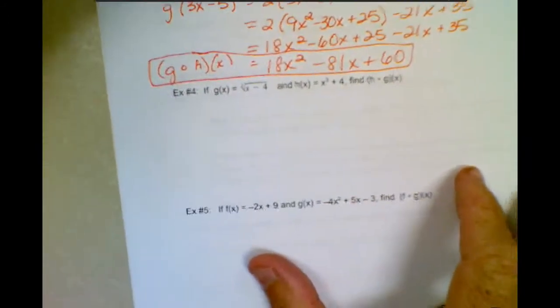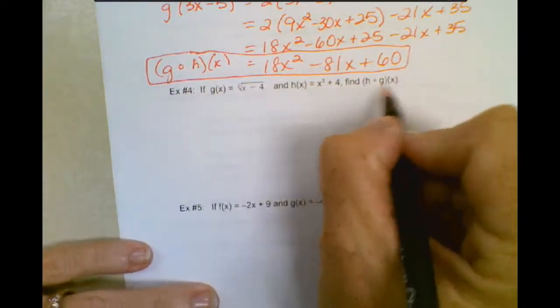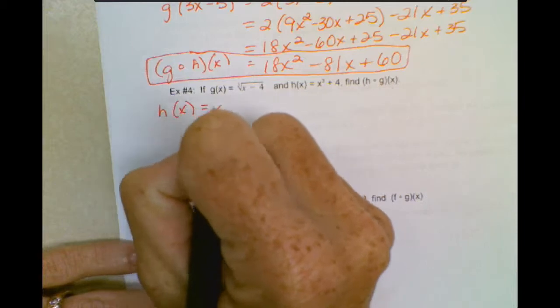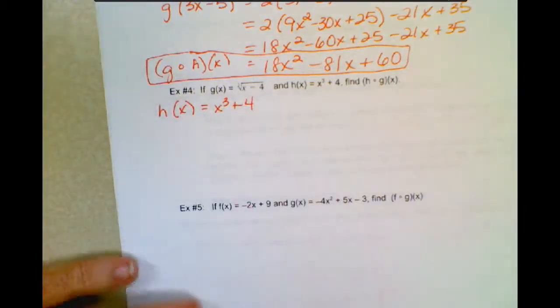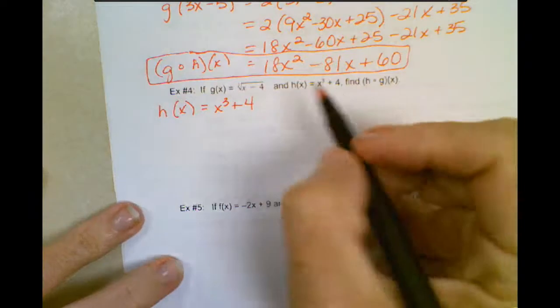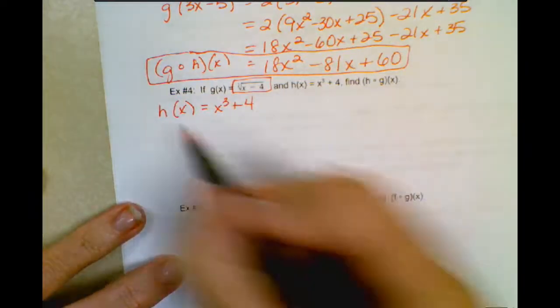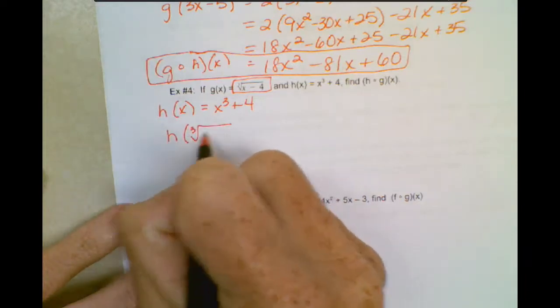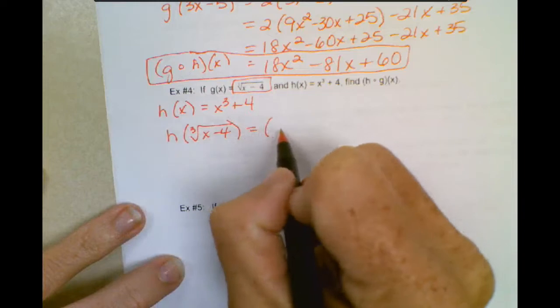Going on to example 4, we're finding h of g of x. So h of x equals x cubed plus 4. We are inputting g of x as our input, so we would have h of the cube root of x minus 4, into everywhere we see an x.